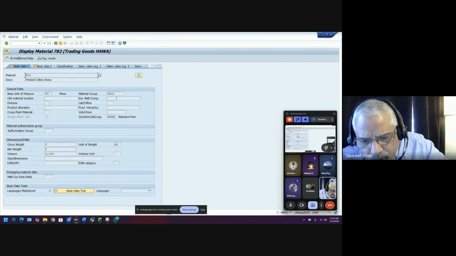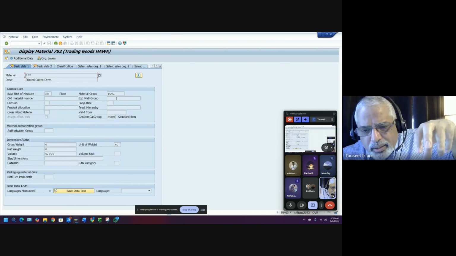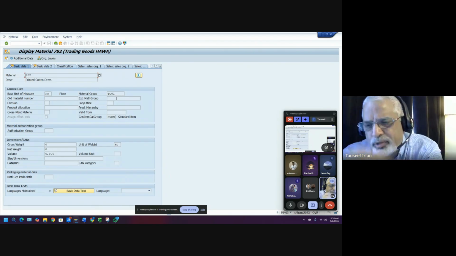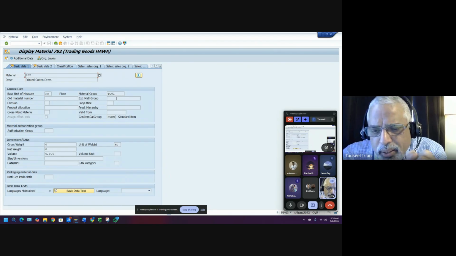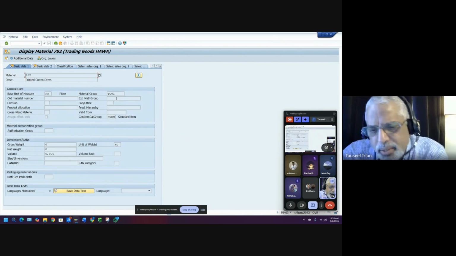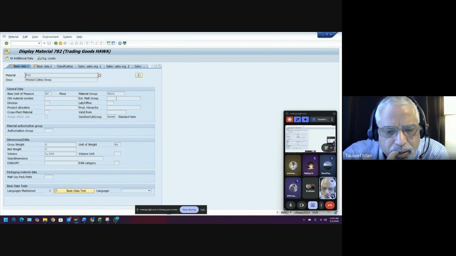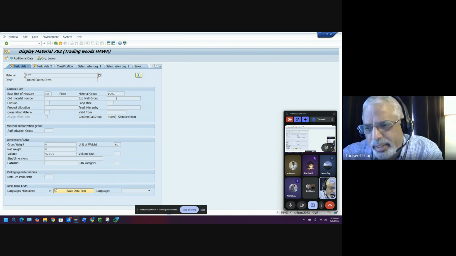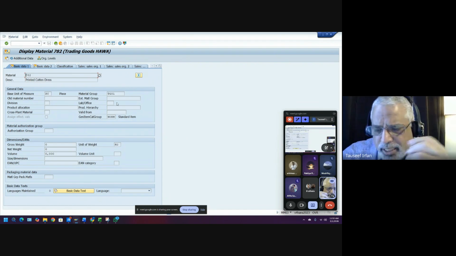Same as purchasing group, which is grouping the buyers in a department, material group is grouping the items, saying, hey, this is my expensive raw material, this is my stationery consumption material, this is that material. You can group your material like that, segmentation. You can do the material segmentation.